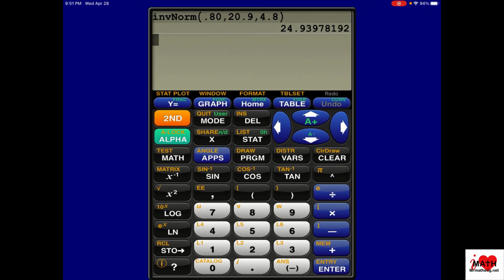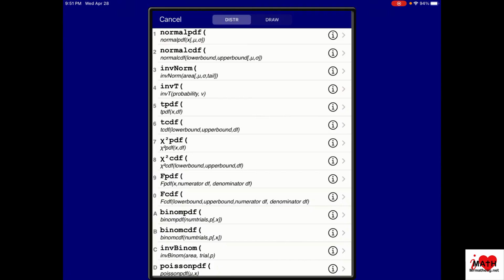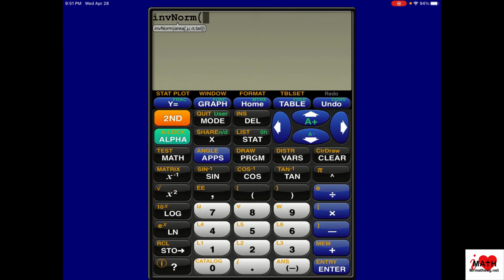All right. So second vars, number 3, inverse norm. The area we have is 0.25, comma, 20.9, comma, 4.8, enter, answer is 17.66.